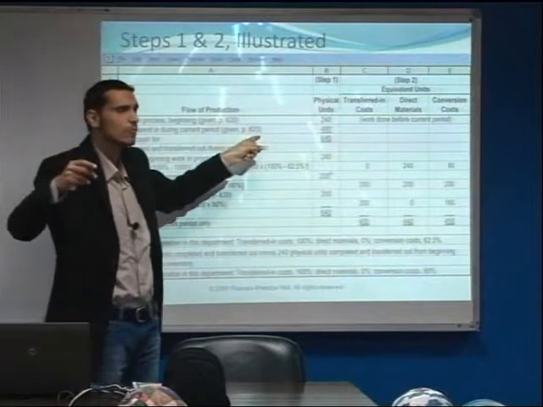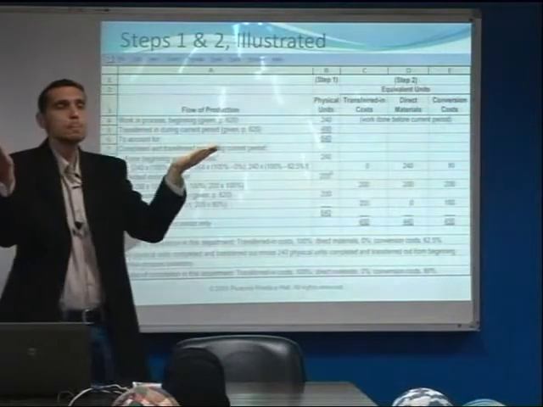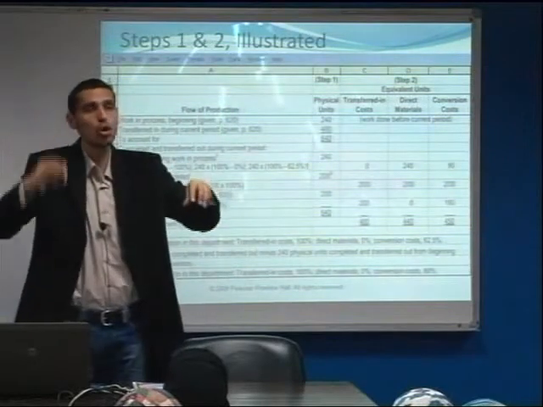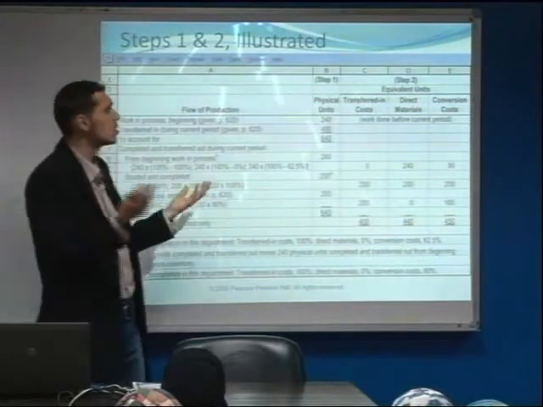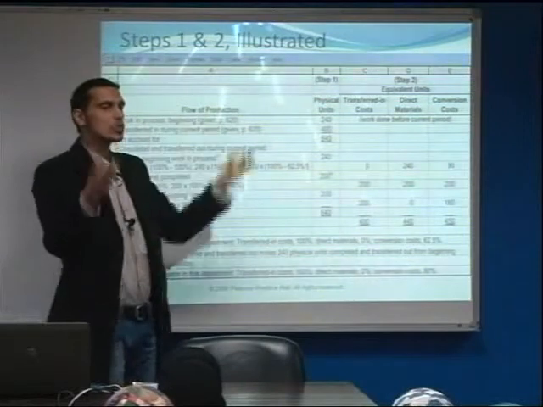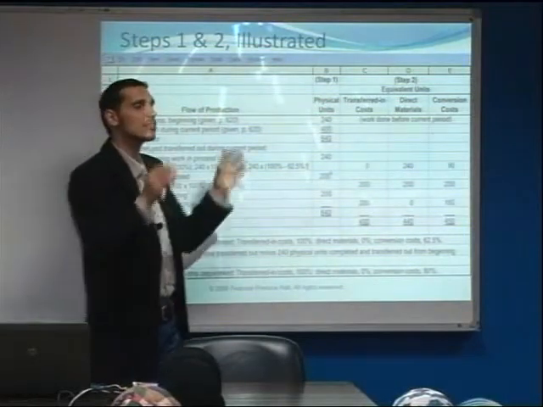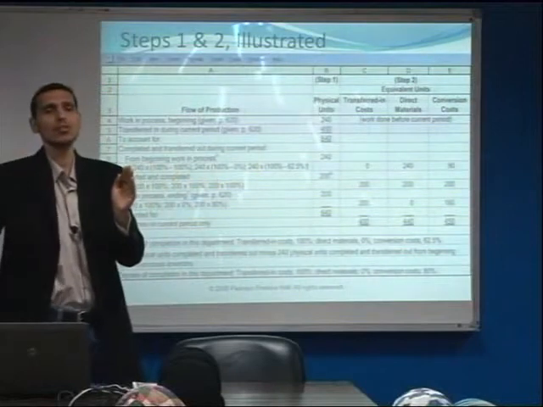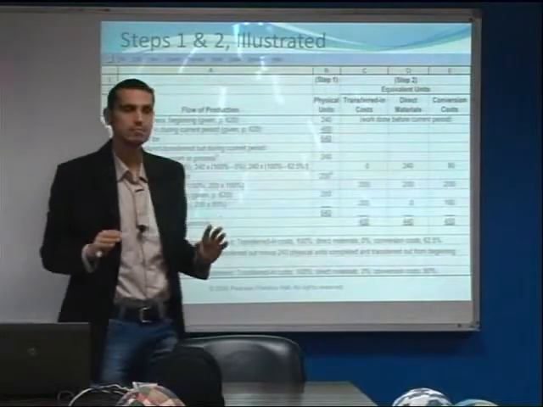But according to the FIFO, we need to separate whether they have started in this period or started within previous periods. The assumption according to the first in, first out is that the 240 units that were beginning inventory were first completed.